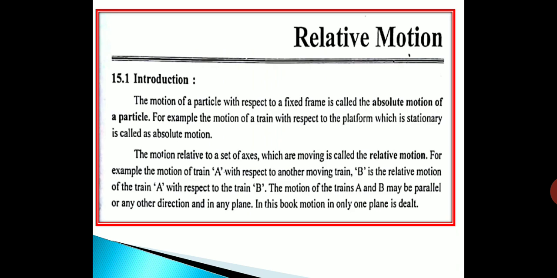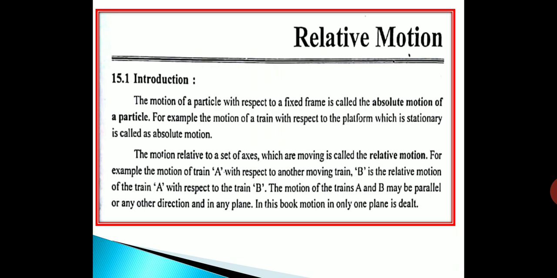A better way to understand it: if your bus is moving and you have missed the bus and you run behind the bus to catch the bus. Now this becomes a relative motion, because your motion is related to the bus. You are not just running blindly, but you are running such that you can catch the bus.